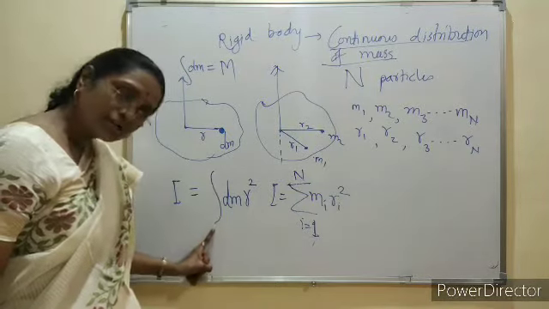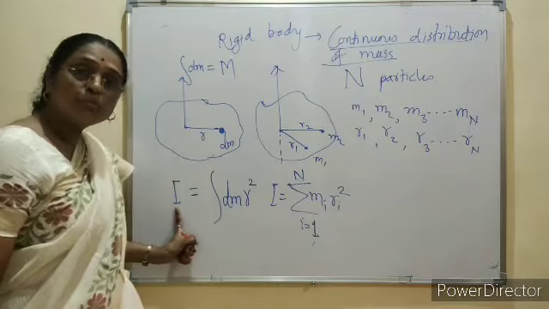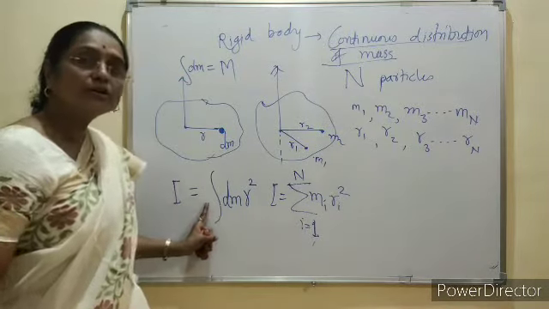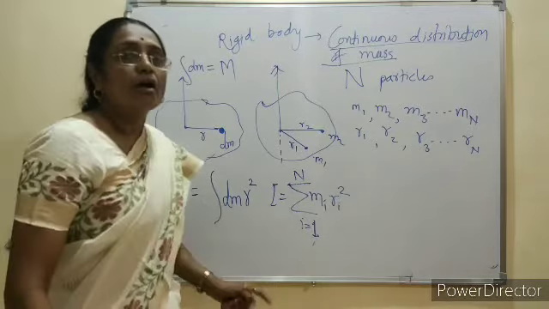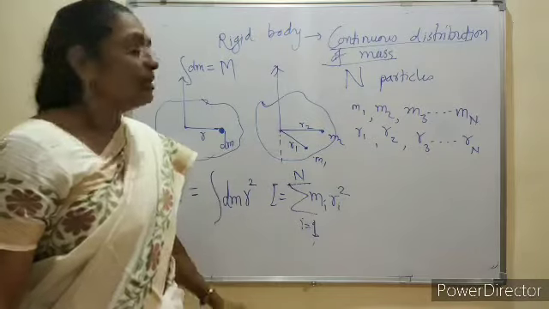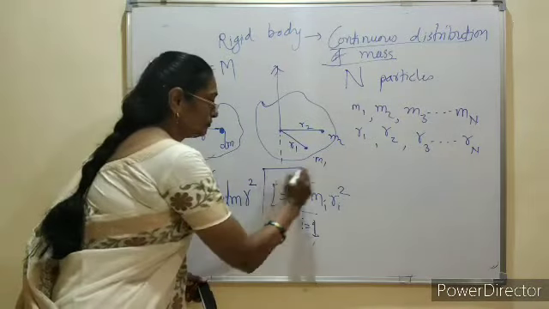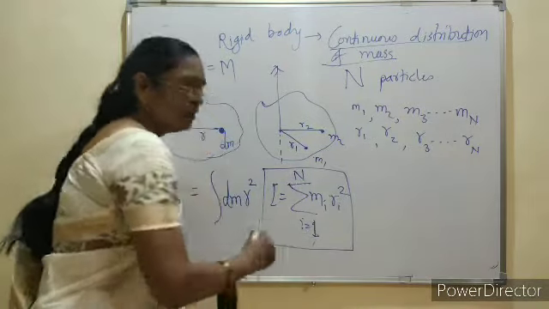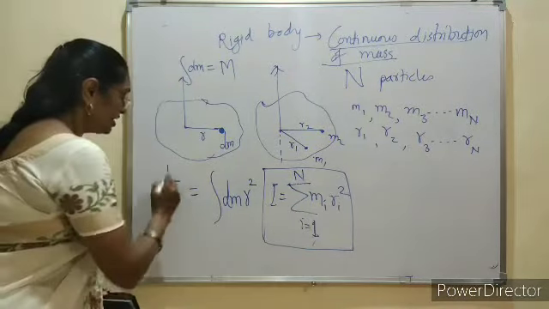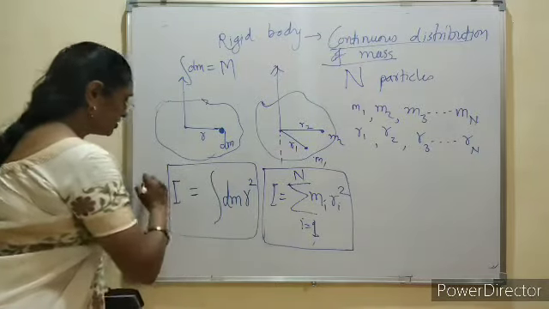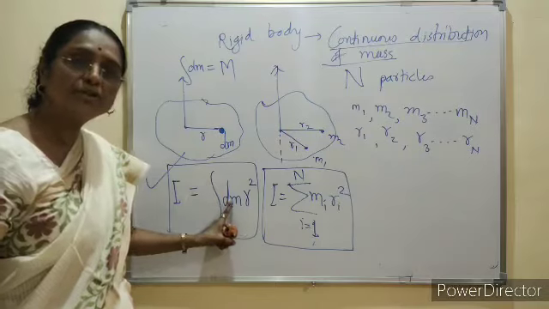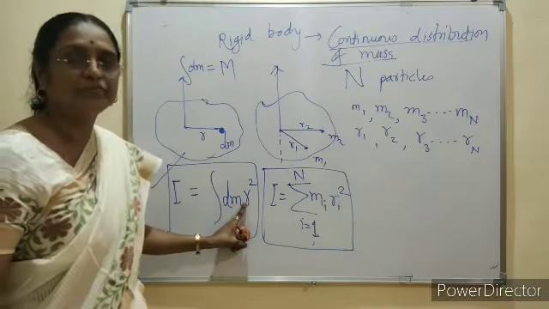If we take the integration, then we get the same moment of inertia I. So in further topics of rotational dynamics, we use the expression I is equal to integration of dm into r square.